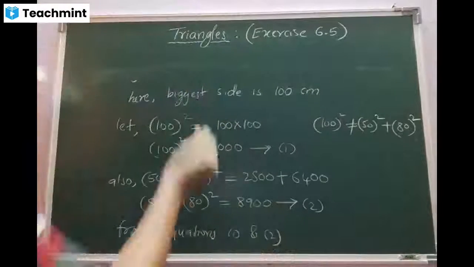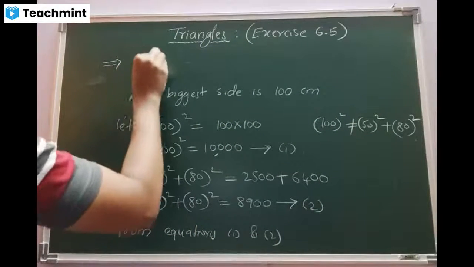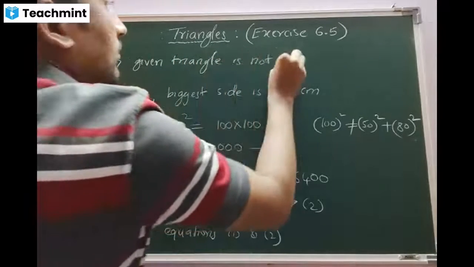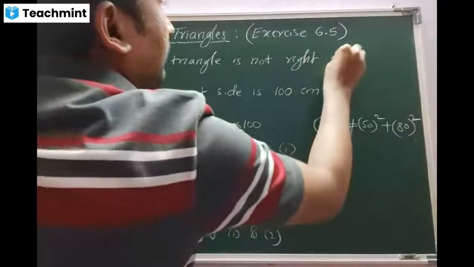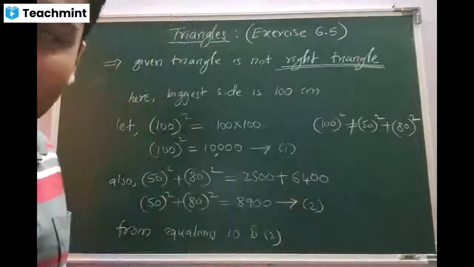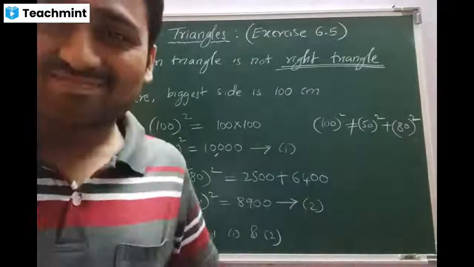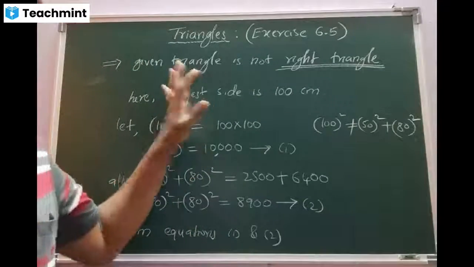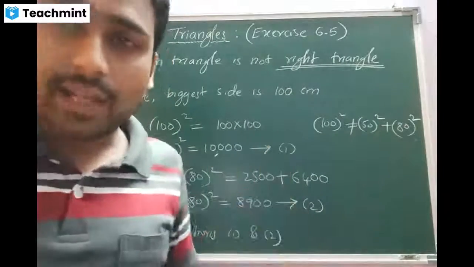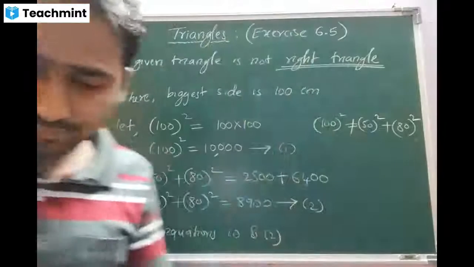This implies given triangle is not a right triangle. It doesn't mean that it is a wrong triangle. Okay, beta? Write down. Actually, beta, the word used is right angled triangle, but in short, they will call it a right triangle. Okay, beta?